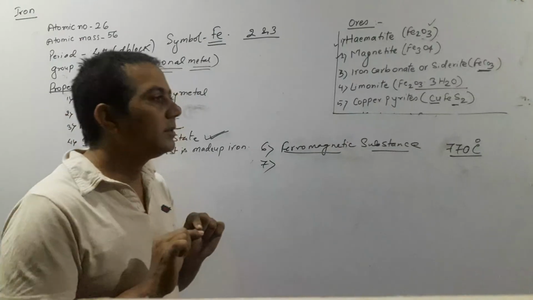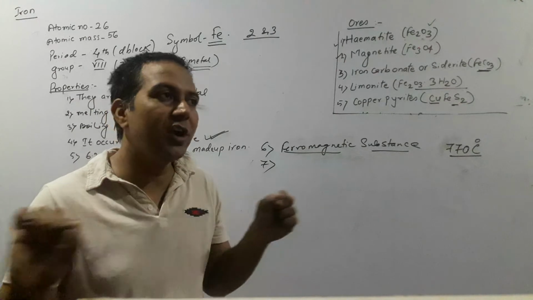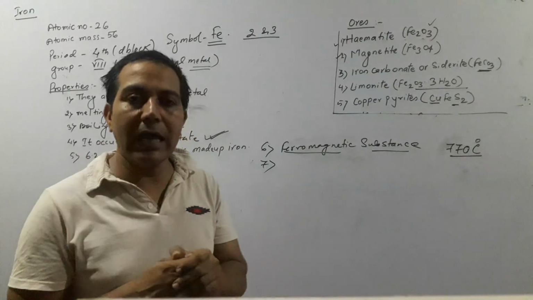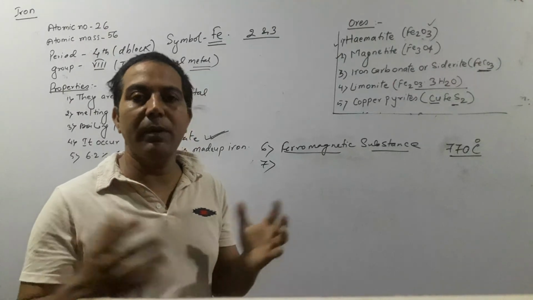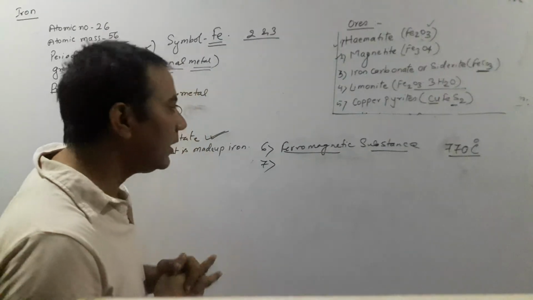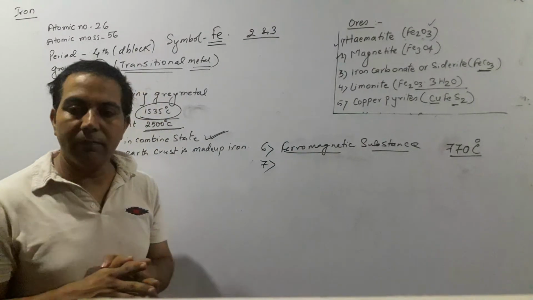Ductile means iron can be made into a thin thread-like structure. The iron rods we get for building purposes are made from iron. So these are the physical properties of iron.